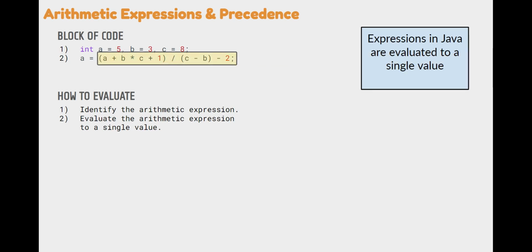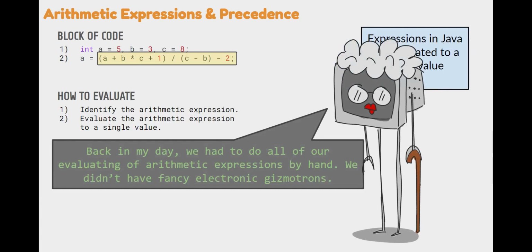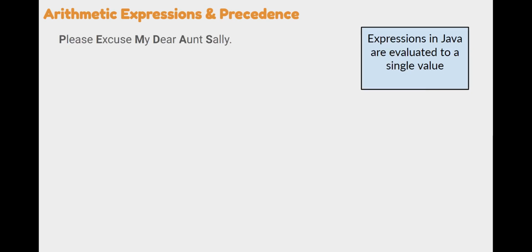So now that we have that arithmetic expression, how do we evaluate it? Do we just plug it into Google and try to get an answer? I'm sorry. You'll have to excuse her. This is my Aunt Sally. In fact, I feel like I have to say a lot, please excuse my dear Aunt Sally.